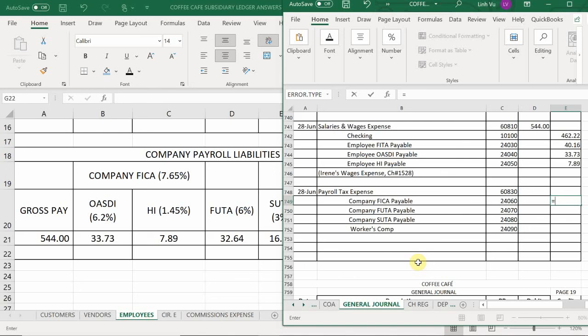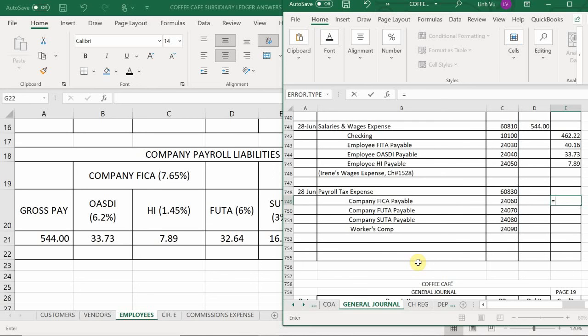I see at the top it says FICA 7.65%, but it's covering two areas, the OASDI and the HI. Do we add those two together? That was on the quiz, right?